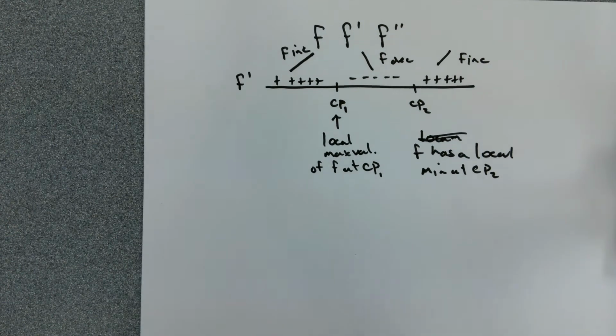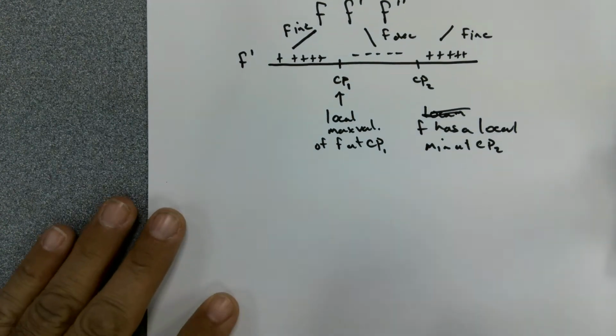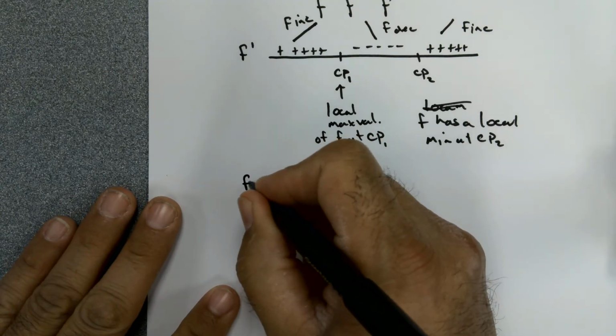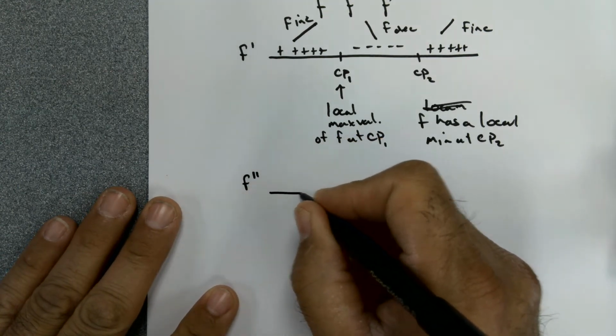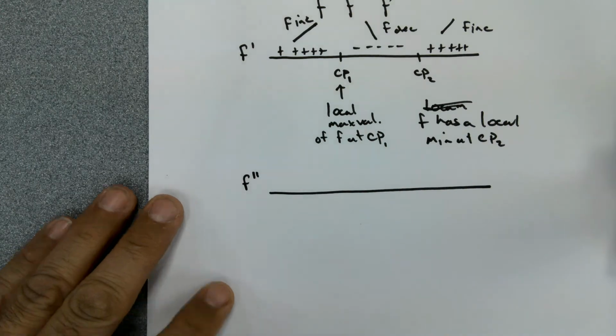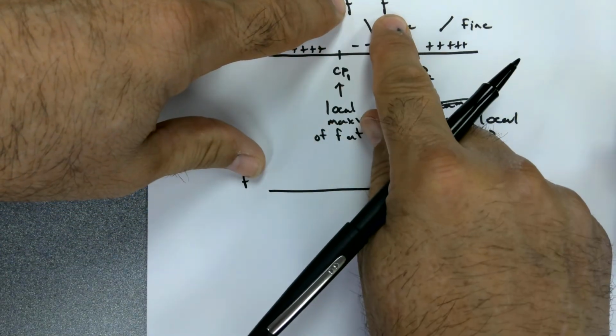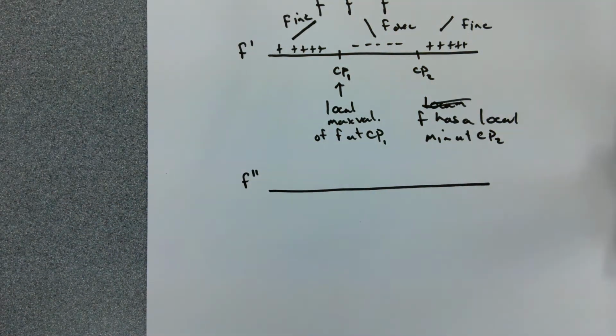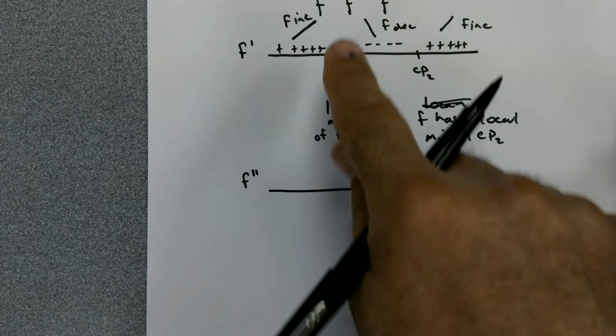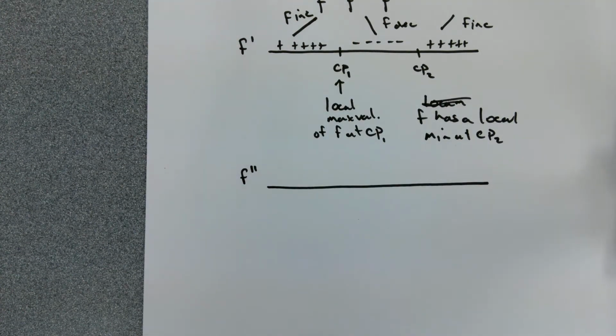Now there's one more thing that we have to do here. The other thing that we have to do here is look at our second derivative. So if we look at our second derivative, that's going to be the derivative of this thing, and once I do an example, and that's going to be in the next video, we'll show you how we make the connection there.